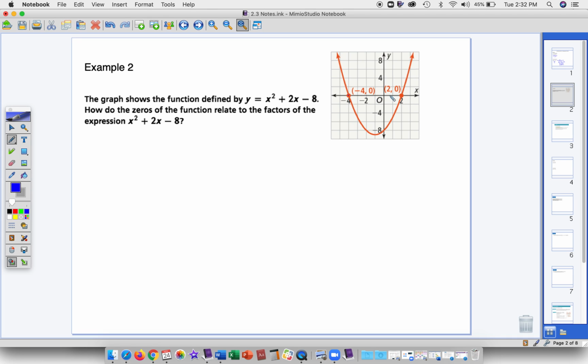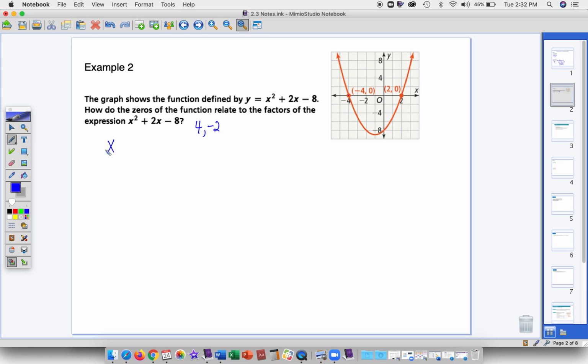-4 and +2. Well, if I factor this, I'm looking for factors of -8 that will add up to a +2. That's going to be +4 and -2. They multiply to -8 and they add up to +2.